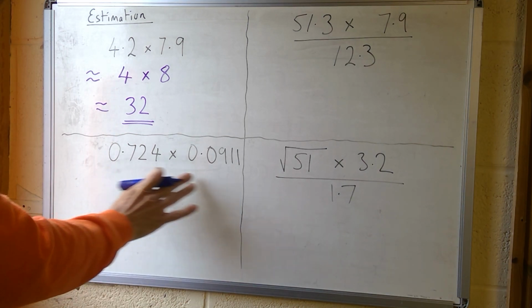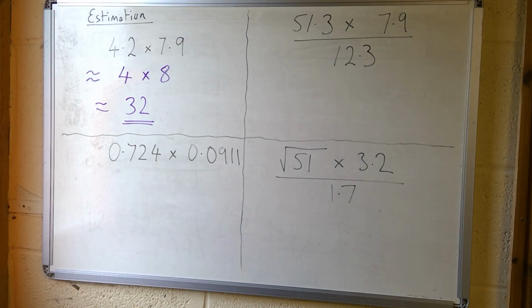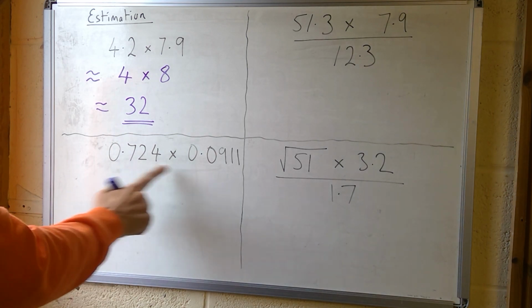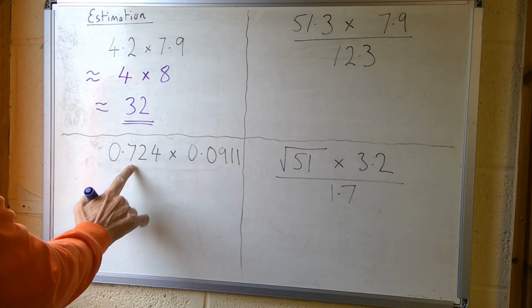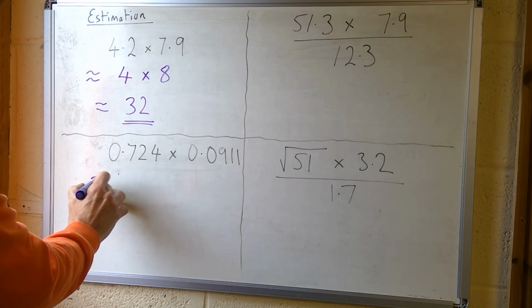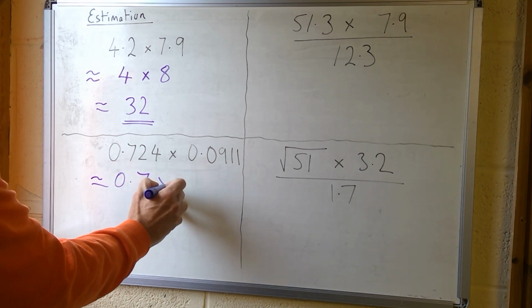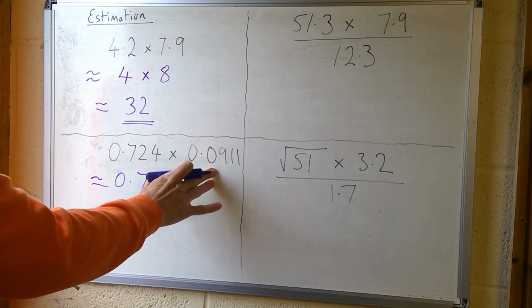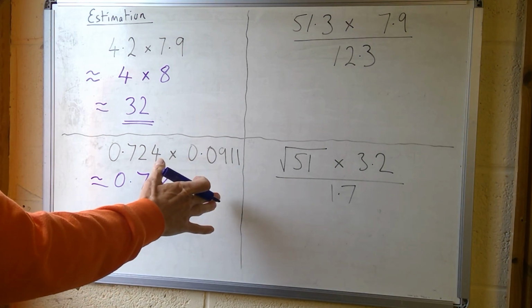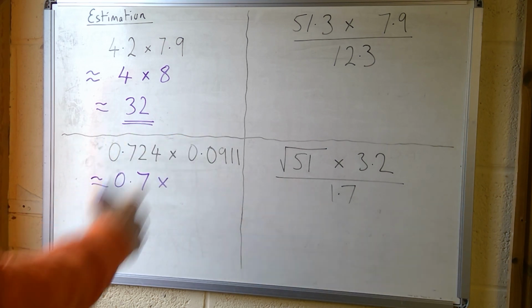We can do it with small numbers as well. Once again, we're using one significant figure approximation. So this one to one significant figure is the nearest tenth will be 0.7, 0.0911. So we're not going to round to the nearest whole number because that would be 0, and then the answer would be 0.